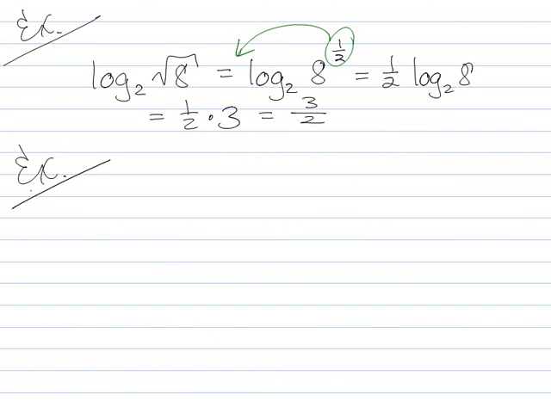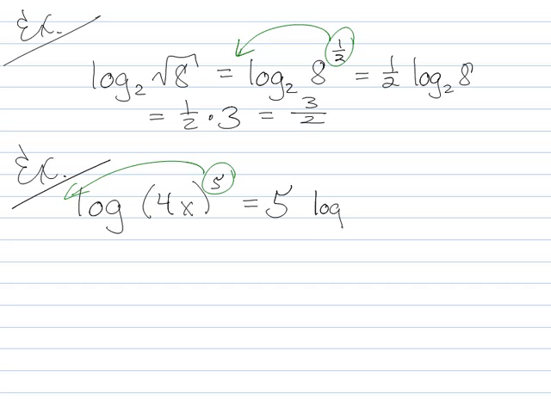And one more example along these lines. Try log of 4x to the 5th. I'm going to take my 5 and pull it out front, so I've got 5 times log of 4x. Now we see what the rest of the day is going to be like.